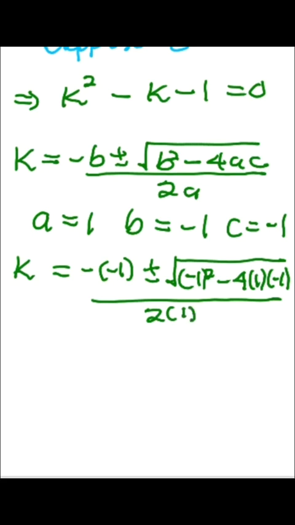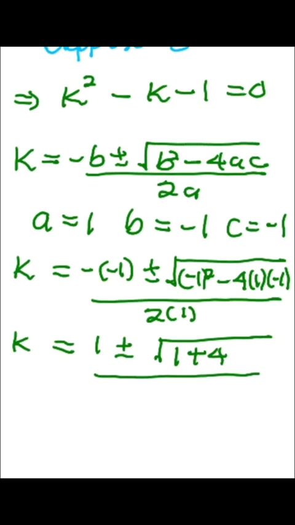Minus minus becomes plus, so we have 1 plus or minus the square root of 1, since negative 1 squared is positive, minus 4 times 1 times negative 1, which gives plus 4, divided by 2. So k equals 1 plus or minus the square root of 1 plus 4, which is 5, all divided by 2.